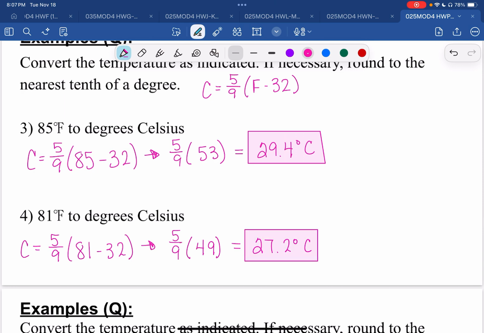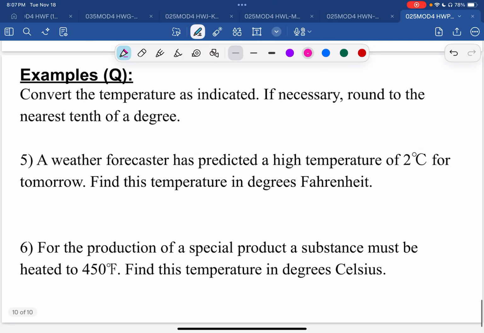All right, we're going to look at 2 word problems and then we're all done. Number 5 says, a weather forecaster has predicted a high temperature of 2 degrees Celsius for tomorrow. Find this temperature in degrees Fahrenheit. So I want to use the Fahrenheit formula, which is 9/5 times degrees Celsius, which is 2, plus 32.